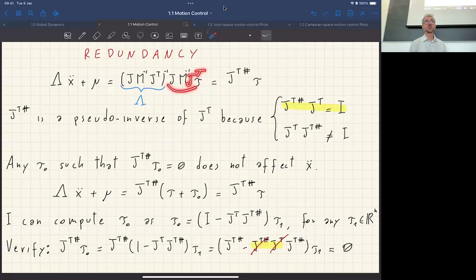So obviously you get the identity. But the same doesn't happen if you do a multiplication on the right. So if you do J transpose times J transpose pseudo inverse, you don't get the identity. So it's an inverse only on one side, but not on the other side. And that's what basically pseudo inverses do. They work as inverses on one side, but not on the other side.